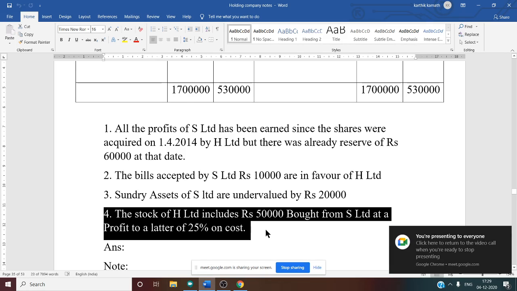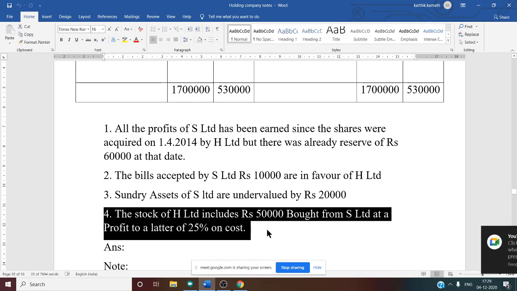25% on cost is equal to 20% on selling price, or else you have to do 25 divided by 125, or else you can first convert this into a fraction. 25% means in fraction how much? 1 by 4. To the denominator add 1, so the fraction becomes 1 by 4 plus 1.